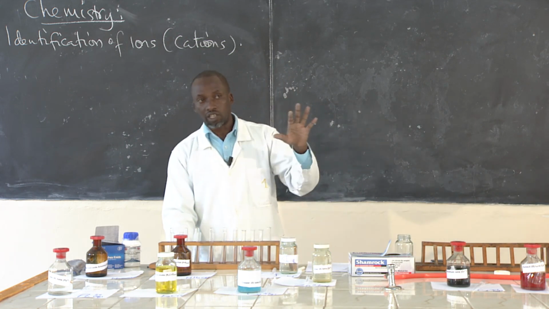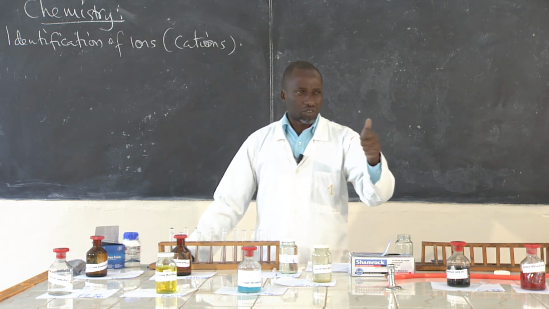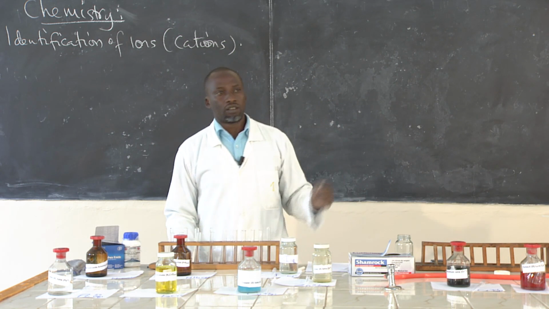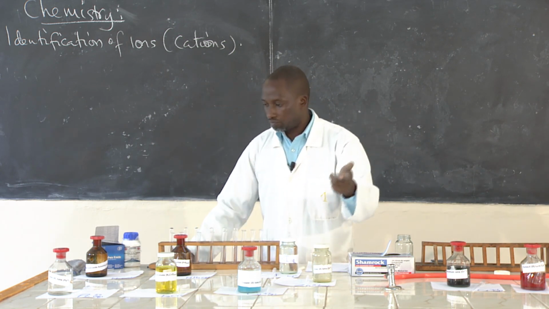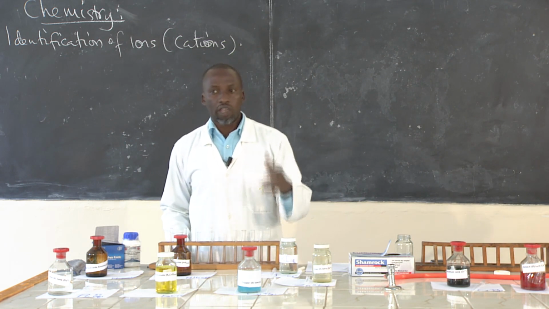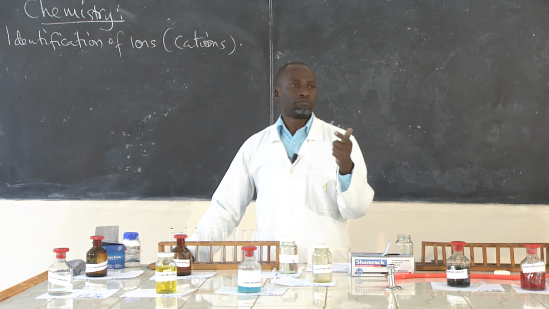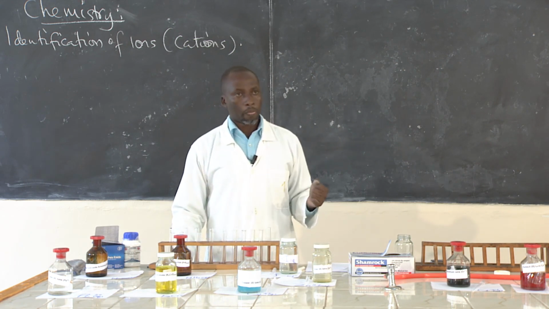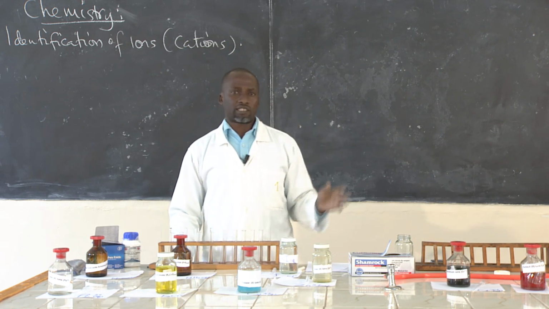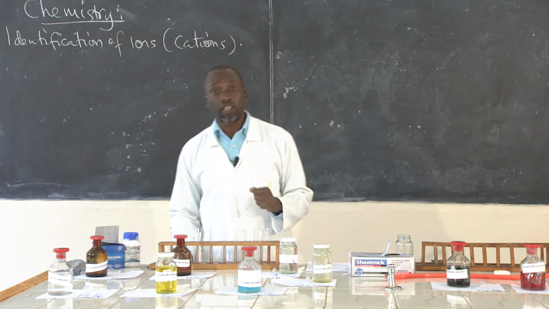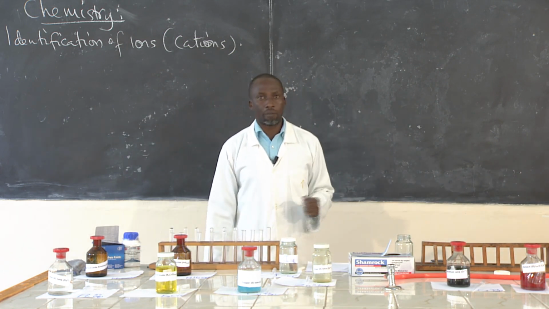You remember we are using sodium hydroxide, we are using ammonia solution, we are using potassium hexacyanoferrate 2 and 3, and we are using potassium thiocyanate. Thiocyanide, sorry. So those are the reagents that we are using. I hope you still remember even the observations that were made.